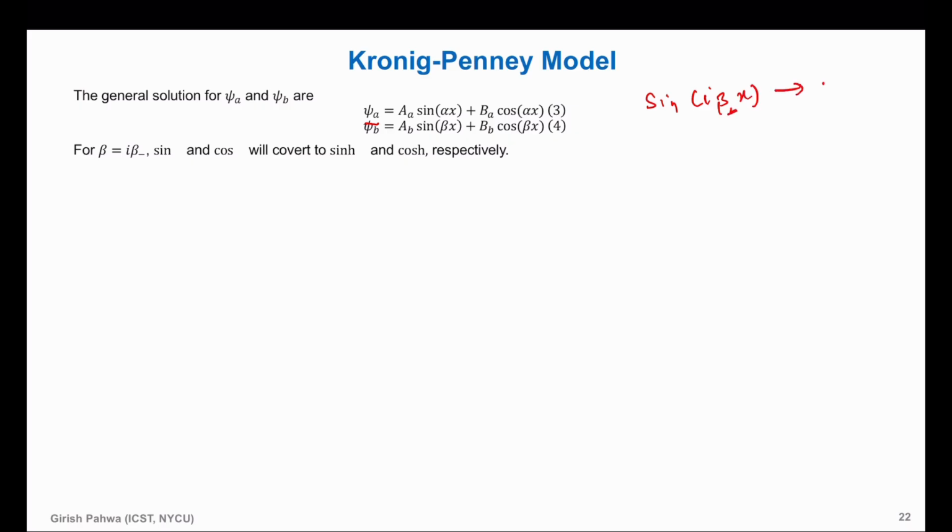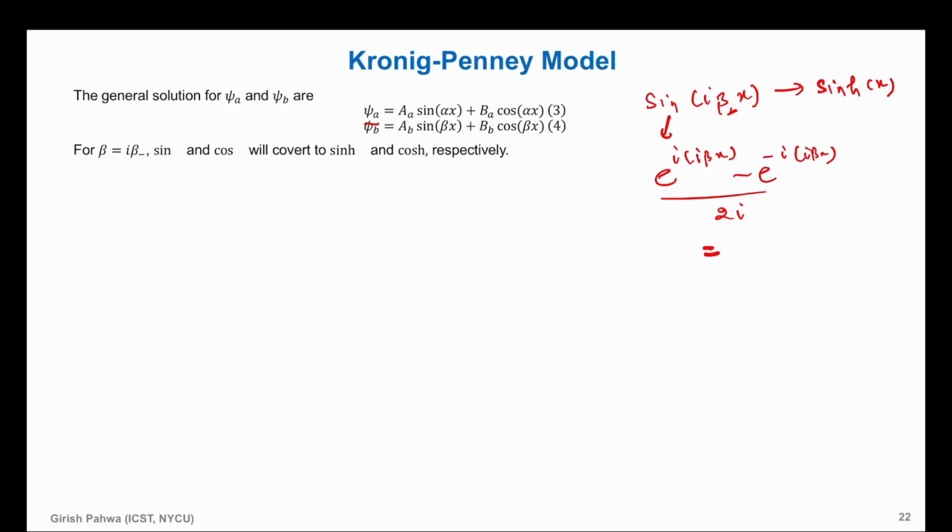So this is going to give you sine hyperbolic x. You can check again. How will you check from this definition? So what is sine? sin of i beta x will be e to the power i into i beta x minus e to the power minus i into i beta x divided by 2i. You simplify, so i square becomes -1, and then i square becomes -1. So what will it give you?